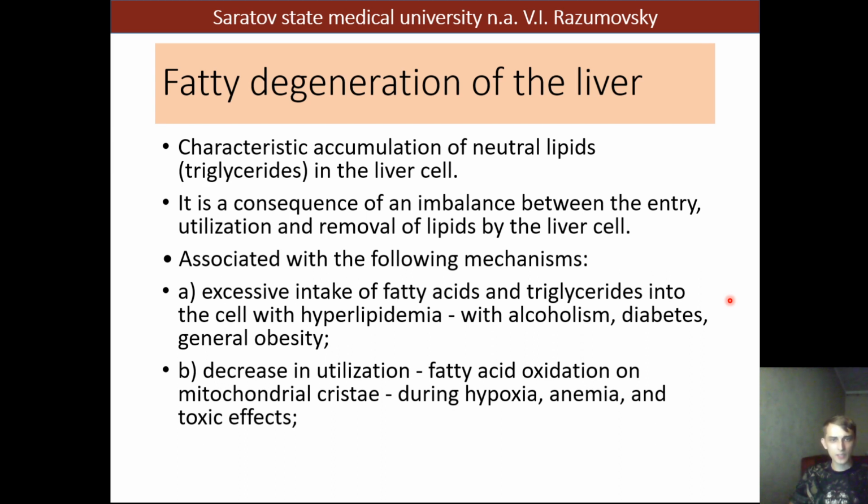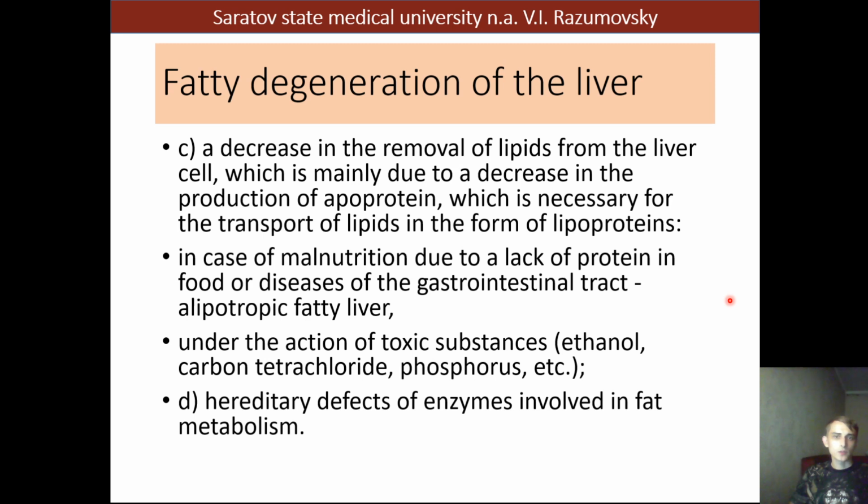The second mechanism is disturbance in utilization, with fatty acid oxidation in the mitochondrial cristae impaired due to hypoxia, anemia and toxic effects. The third is decrease in the removal of lipids from the liver cell, mainly due to decreased production of apoproteins, which are necessary for the transport of lipids in the form of lipoproteins.